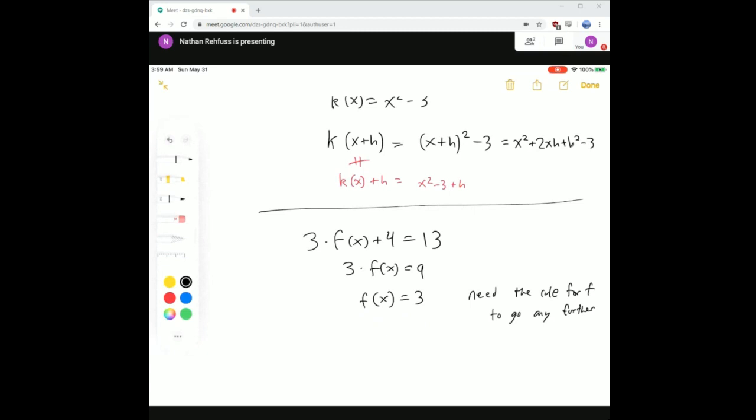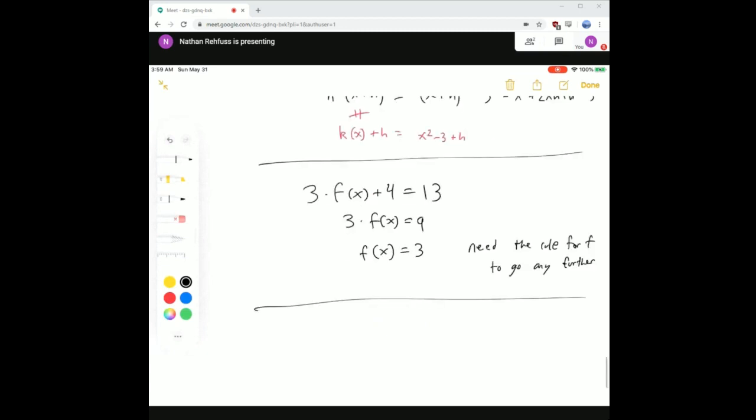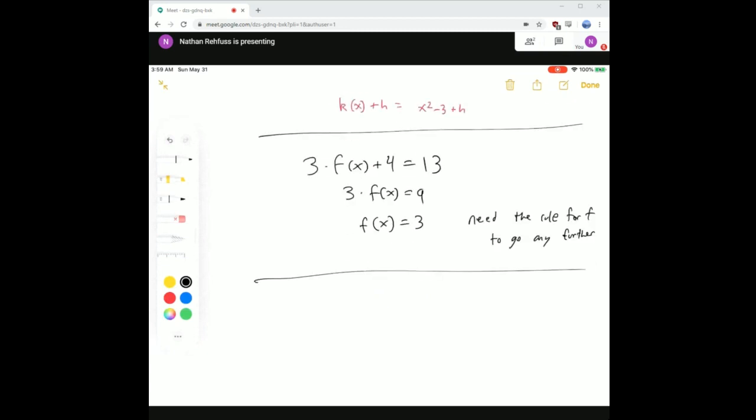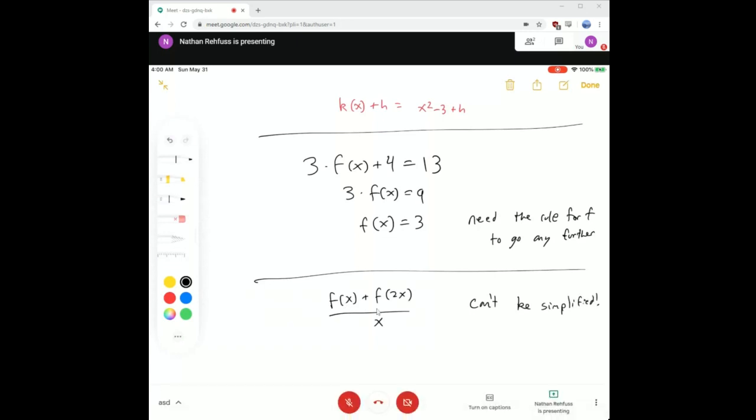Or if I write, maybe I'm working a problem and I end up with this expression, f of x plus f of 2x, all divided by x. There is no way to simplify this. So there are no like terms. I can't make f of 3x up here because x and 2x are in the function separately.